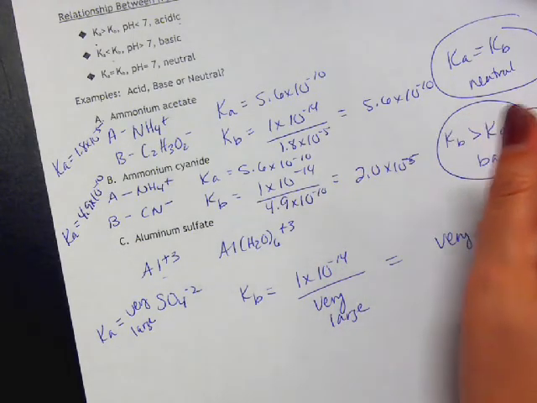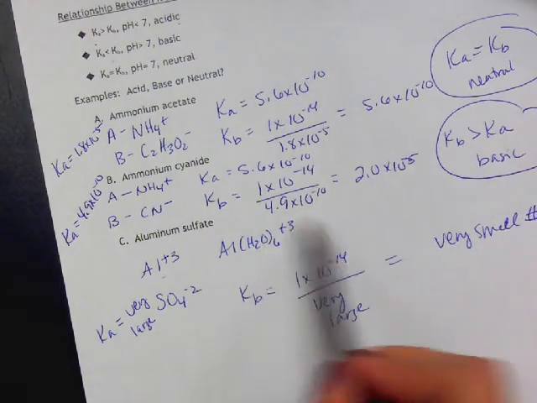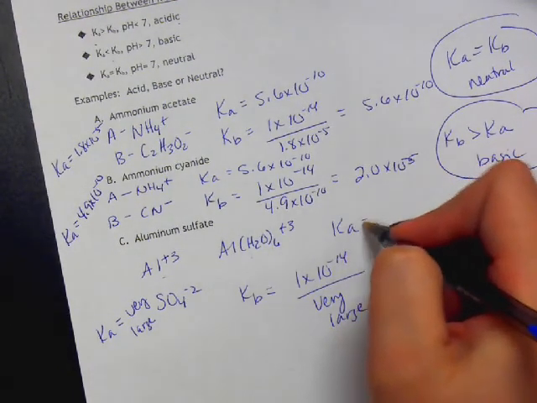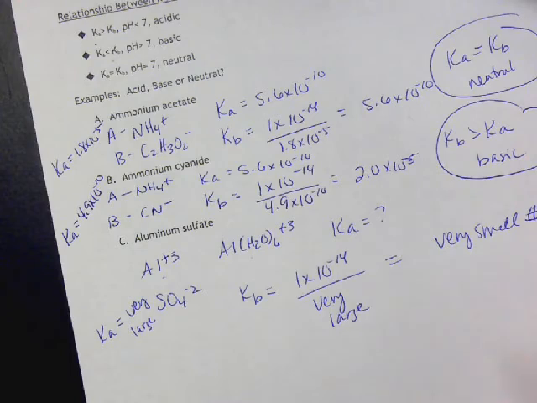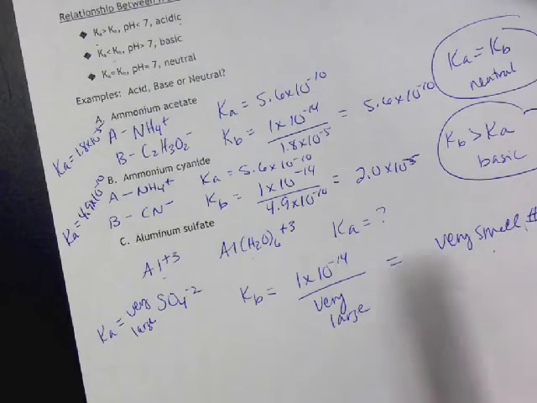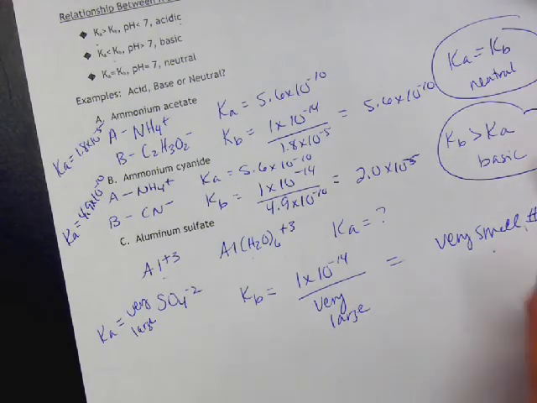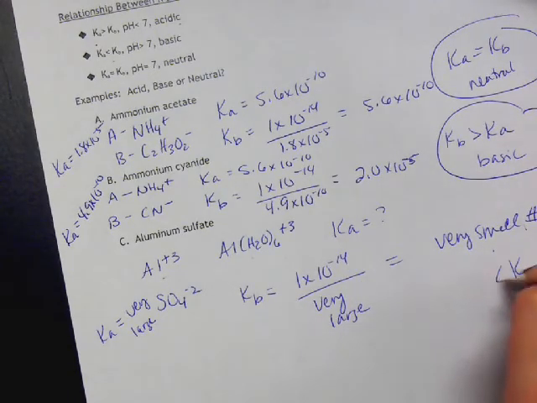Which means this ends up being a very small number. So regardless of what the Ka is for this, and you'd be given that, not in this case, but you would be, the Kb is going to be extremely small because you're dividing 10 to the minus 14 by a very big number.